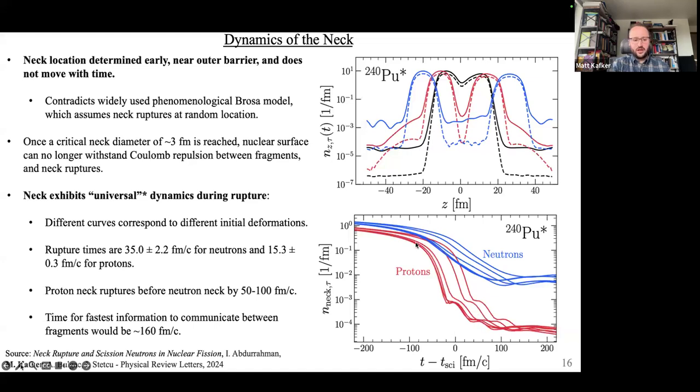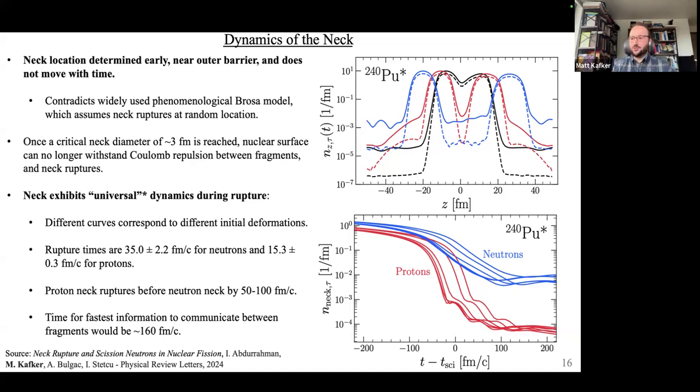Another thing worth noting is that the proton neck ruptures faster and it ruptures first. You'll notice that the proton neck is basically ruptured by this point here, and then you have 100 Fermi over c where the neck between the two fission fragments is entirely supported by neutron matter, which is kind of interesting. Okay, so I mentioned I would explain the air quotes and the asterisk. The air quotes: we're not married to this notion of universal.